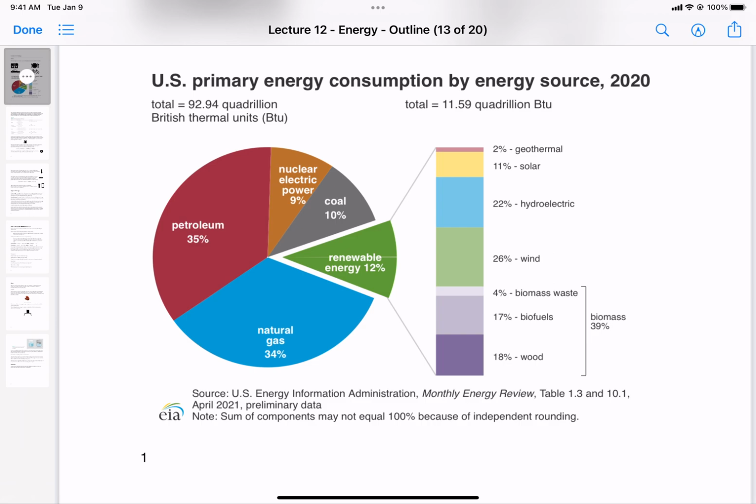So nuclear has its downsides, and I'm not really a big fan of nuclear chemistry or nuclear energy, but you can't deny its usefulness in generating energy. If you want to get a lot of energy, you can tap into the power of the nucleus of atoms. But we're not going to talk too much about that. You'll probably see nuclear chemistry in Chem 401 next semester.